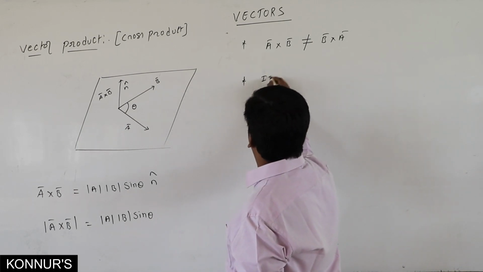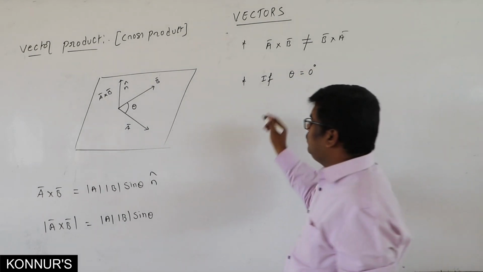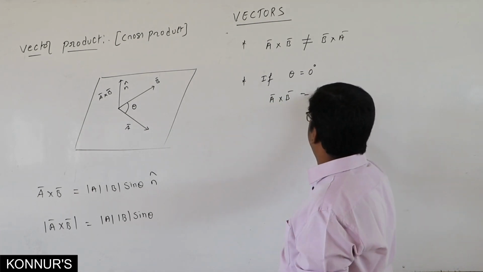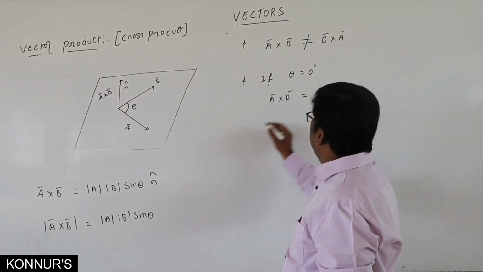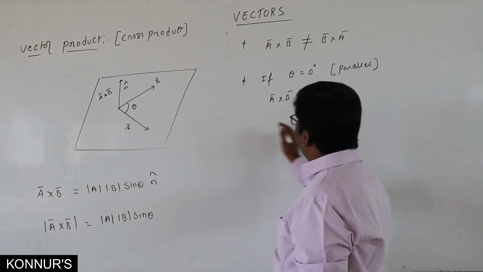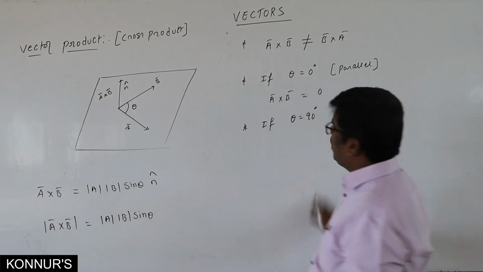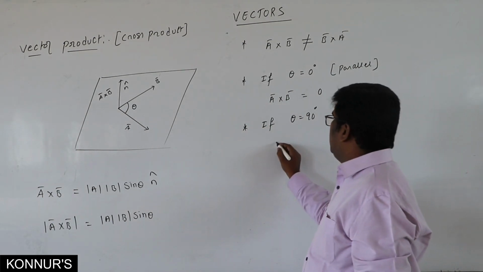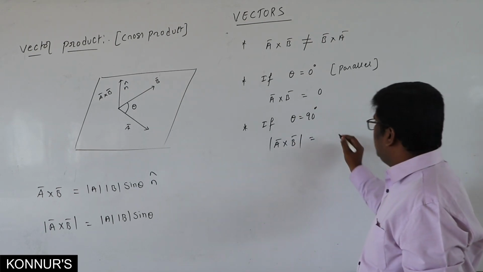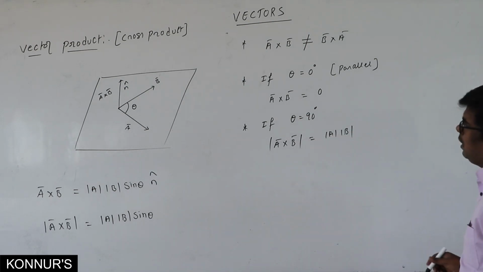Next, if theta equals 0, A bar cross B bar is sin 0, which is the 0 vector. If the vectors are parallel, the cross product is 0. And if theta is 90 degrees, perpendicular to each other, then the magnitude is modulus A modulus B. It is maximum.